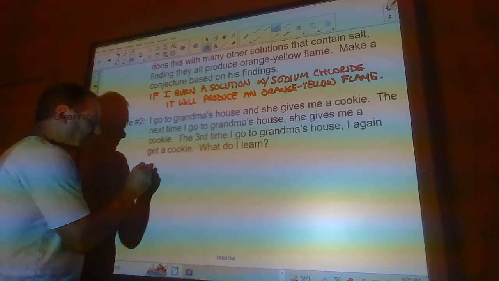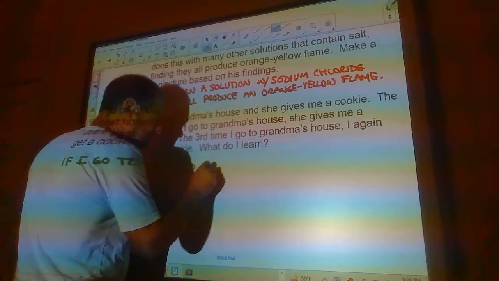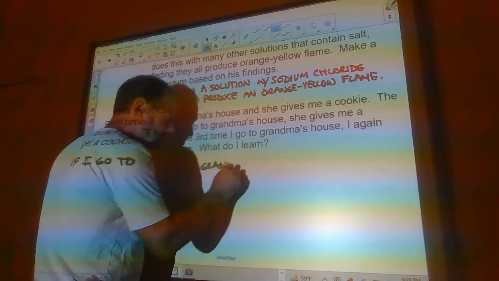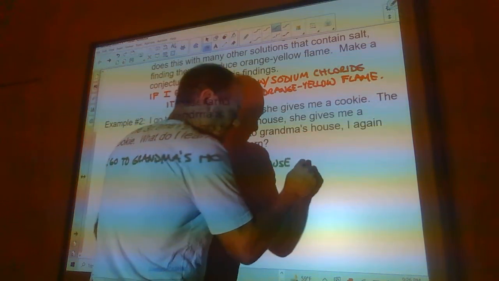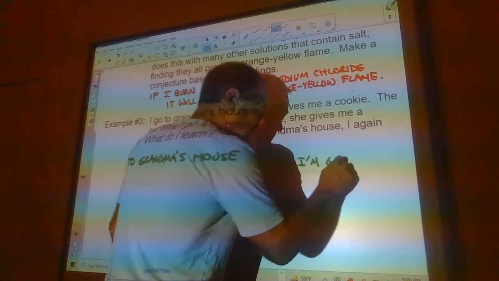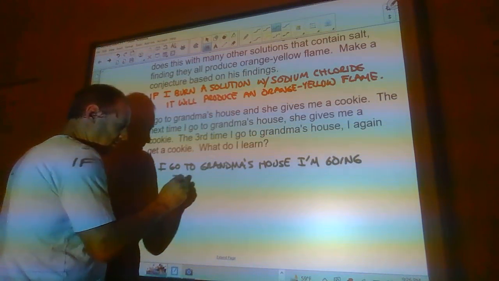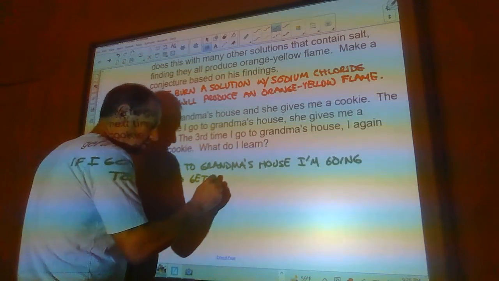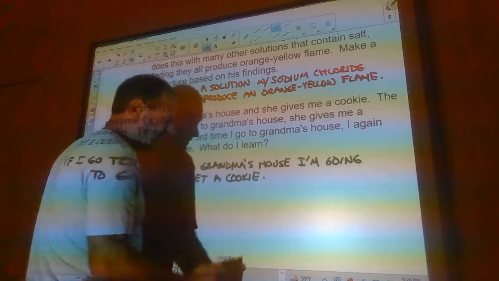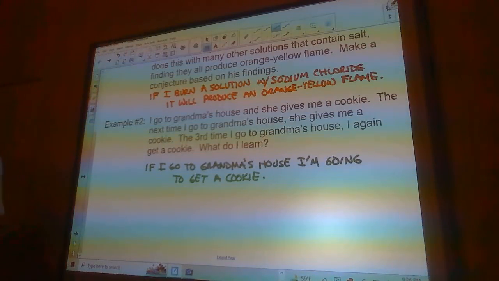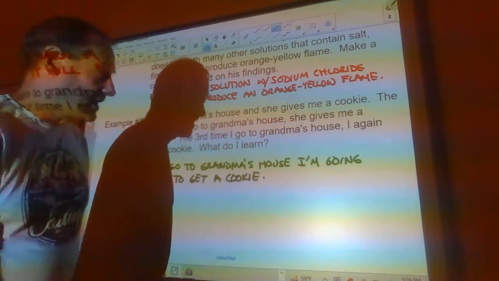I learned that if I go to Grandma's house, I'm going to get a cookie. And when you're a parent, you'll find out that the time you go to Grandma's house and your kid doesn't get a cookie is not a fun time.